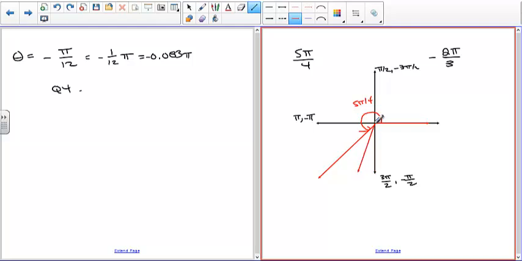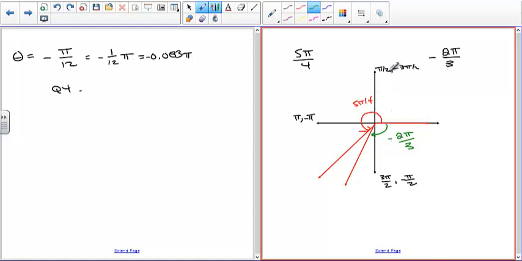Now if we went to here, that would be 3/4, and that would be a full negative pi. So 2/3 is going to be in that direction. And you're measuring not counterclockwise, but clockwise. So that angle is negative 2 pi over 3. So that's kind of how you work those problems out.